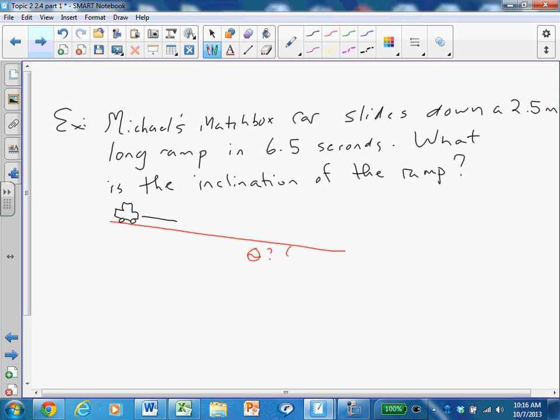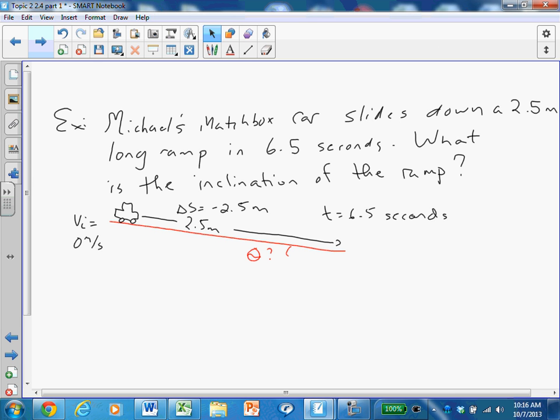And it goes down 2.5 meters. Of course, our delta S here is going to be minus 2.5 meters. Assume VI is 0. And the time, 6.5 seconds.